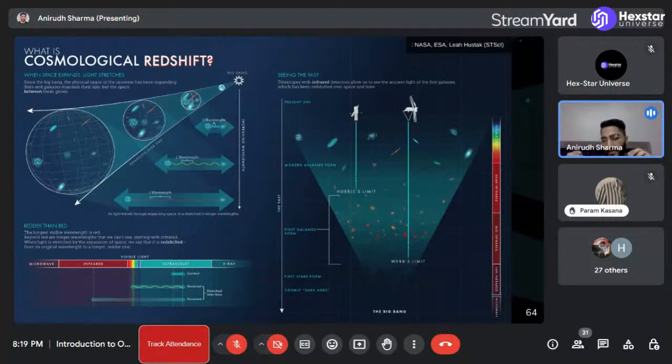Maybe you can understand it this way: everything was at the center, so there is no center to the expansion.